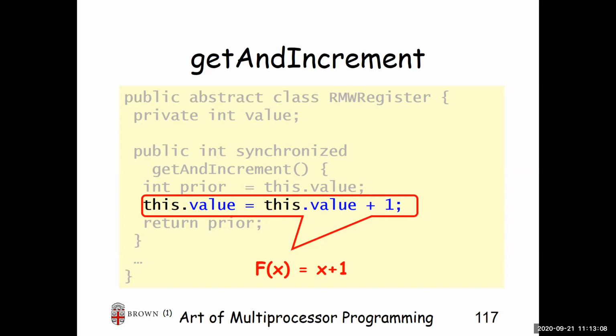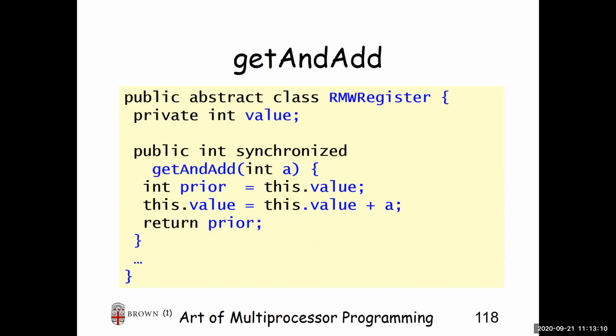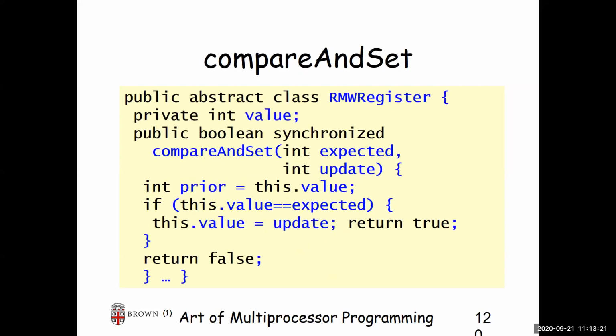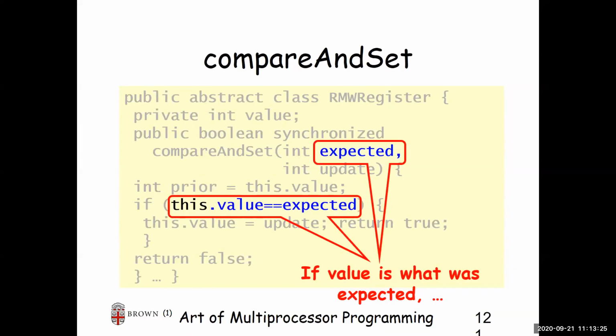The last two are kind of trivial. This one is actually doing something. Likewise, get-and-add: we're just allowing for the possibility that a is a different value than 1. And then we're going to have compare-and-set. Compare-and-set is going to take two values. It's going to have an expected value, and it's going to compare whether the current value is the expected value.